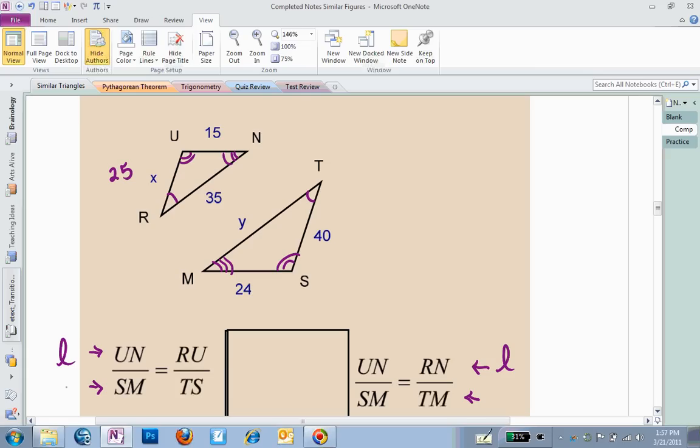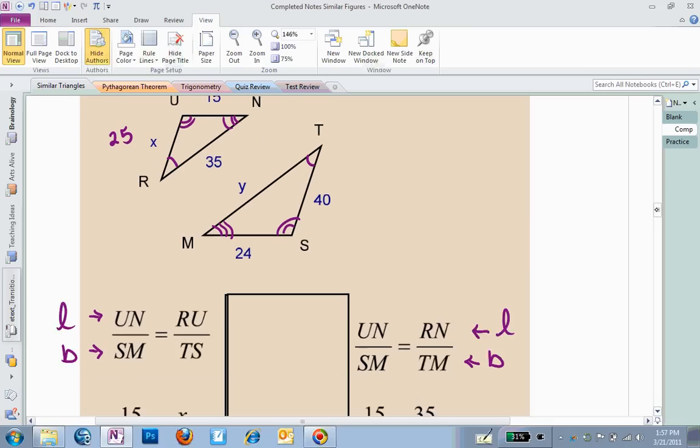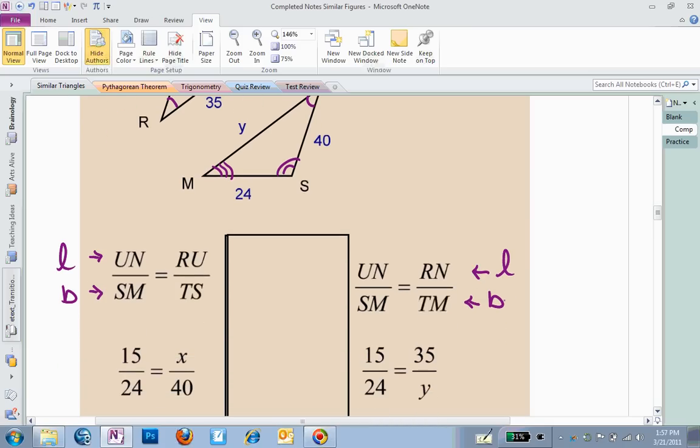SM and TS are coming from my big triangle, so the denominator has sides from the big triangle. I'm going to label this so that I don't make any careless mistakes, because if I accidentally put big in the numerator for one ratio and little in the numerator for the other ratio, then my whole problem is wrong.